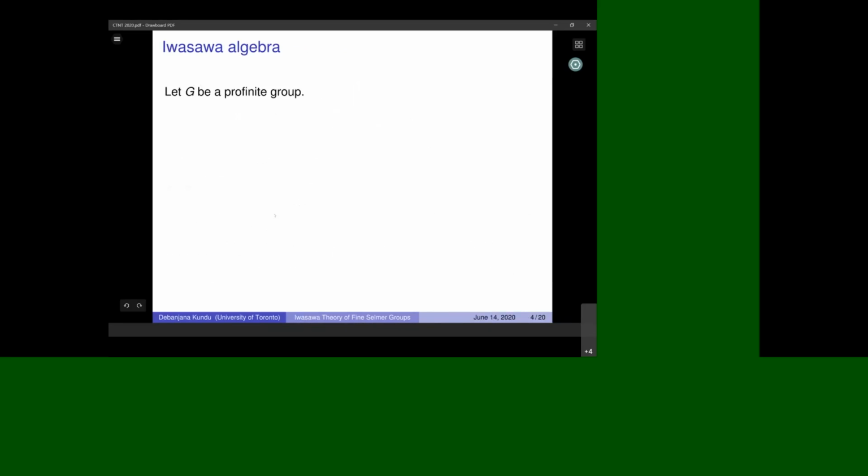Right. So I will be talking about this technical object called an Iwasawa algebra. Though my definition will be for a profinite group G in general, if you're not familiar with it, you can just think of G equals Z_p, because that's going to be the most important thing for today.